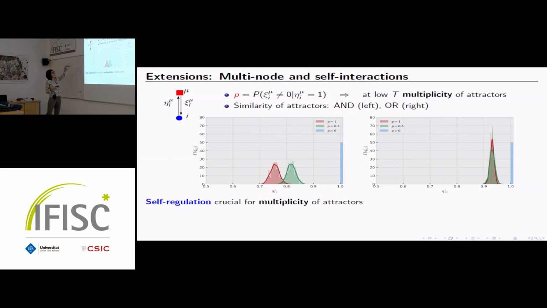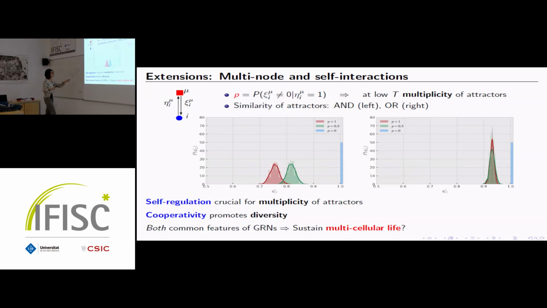One is that self-interaction seems to be crucial, at least within this model, to get a multiplicity of attractors. And this cooperative effect of the AND logic, so many genes need to collectively regulate others, seems to promote diversity of attractors. And again, both these features seem to be really common in gene regulatory networks, so they might be there for a good reason, for sustaining multicellular life: the possibility that the same network sustains different attractors.